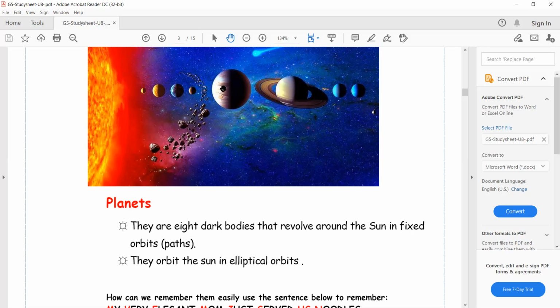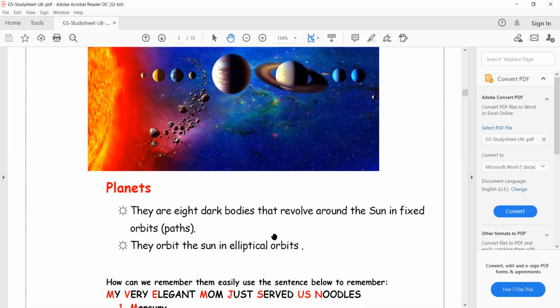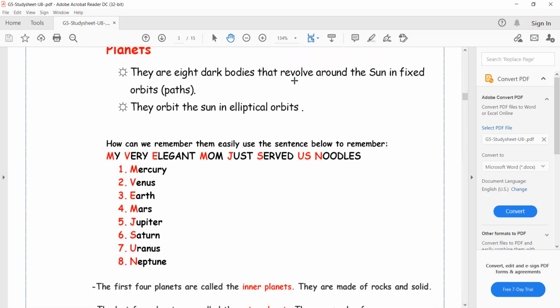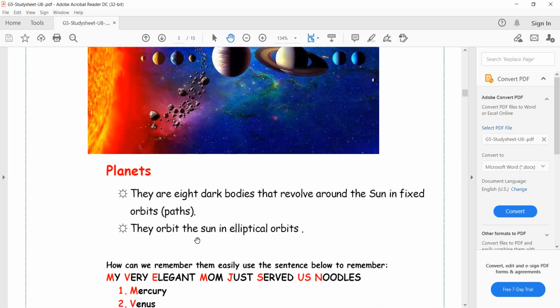There is no solid ground to land or to stand on them. Let's say their names again: Mercury, Venus, Earth, Mars, Jupiter, Saturn, Uranus, and Neptune.